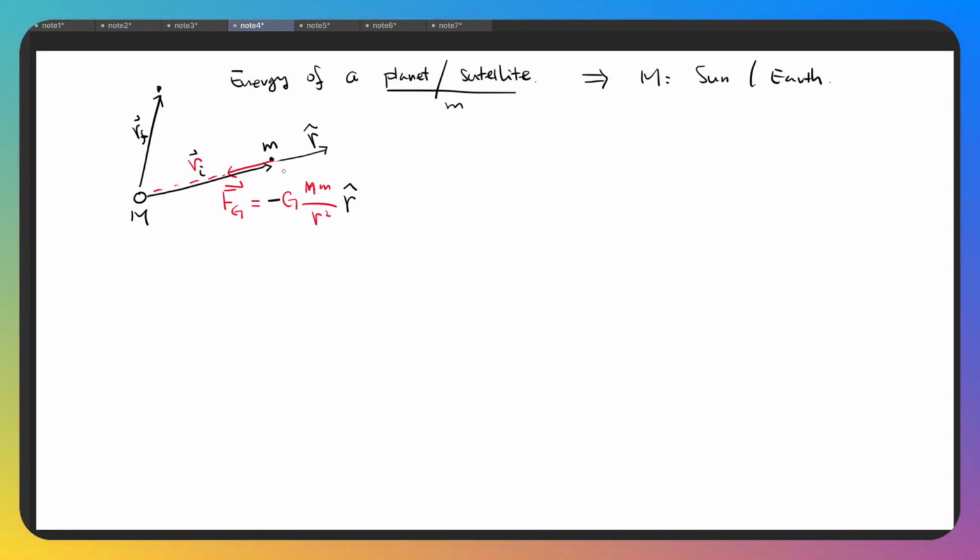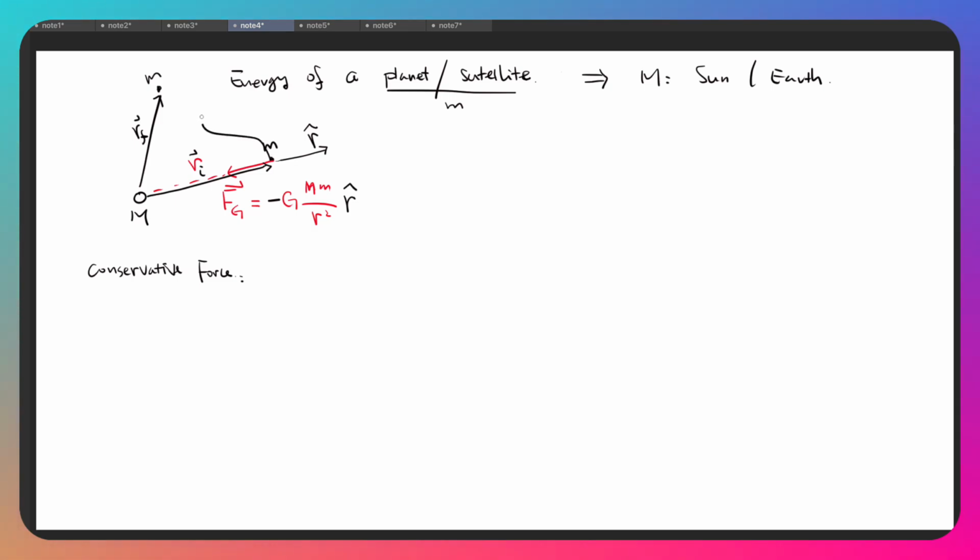In this process, let's think about the work done by the gravitational force Fg. And we will show that this Fg is a conservative force.